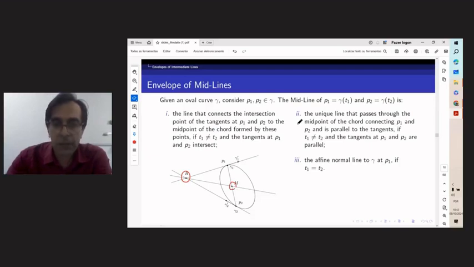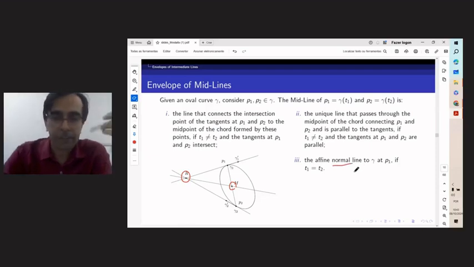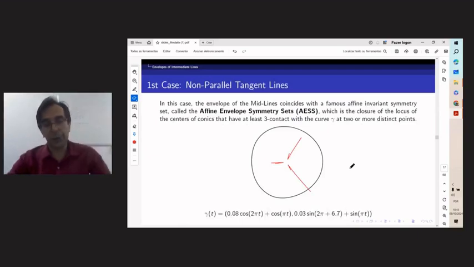In the case when the two tangents are parallel, the midline is the parallel line which passes through the midpoint M. And in the third case, when the two points coincide, the midline for us is actually the affine normal line. Well, for each case, we can calculate the envelope of the family of these lines.